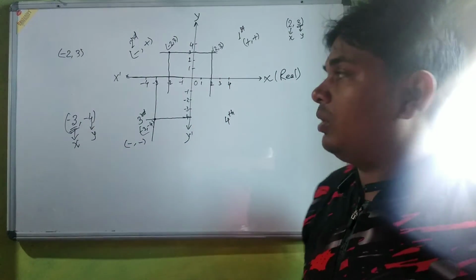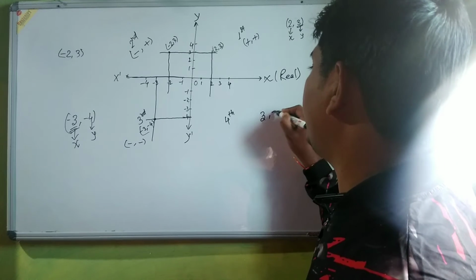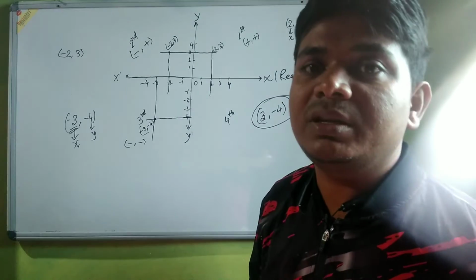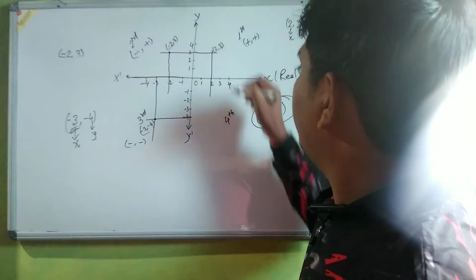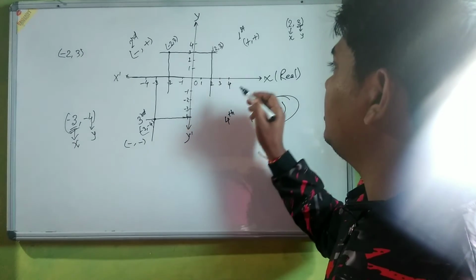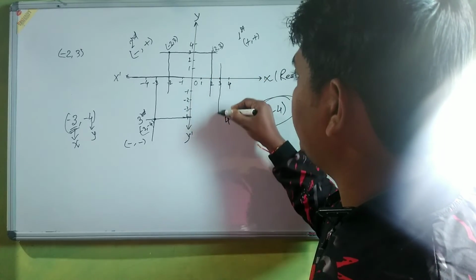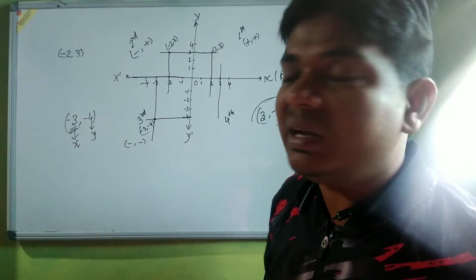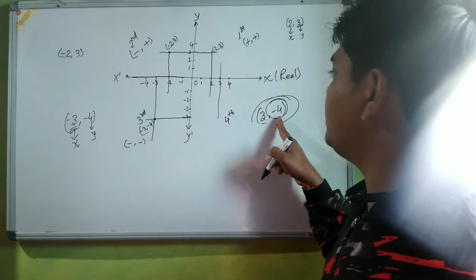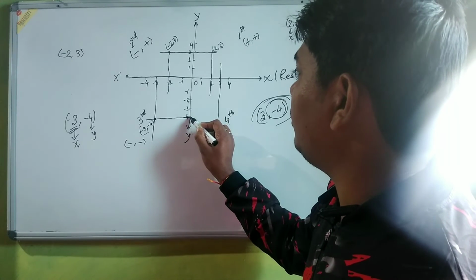Again one more example. Suppose we have a point (3, -4). Where would it lie? 3 is x, that means we have to take 3 on the x-axis. Here we have it. Now we are free to go upward and downward. Let's see where it will intersect. But what about -4? That will be on the y-axis, and on the y-axis here we have -4.